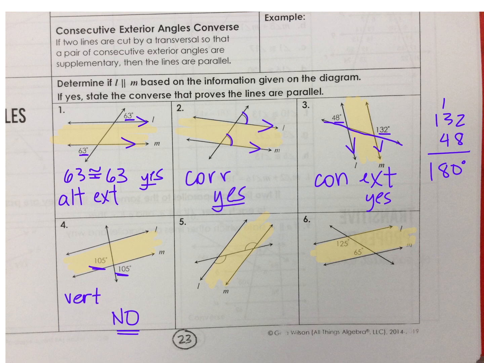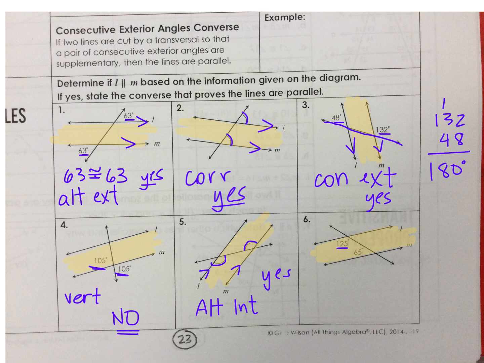All right, let's look at these. These are the same because those arches tell me they're both inside opposite. So that would be alternate interior. Alternate interior angles are congruent, so yes, these guys would be parallel.